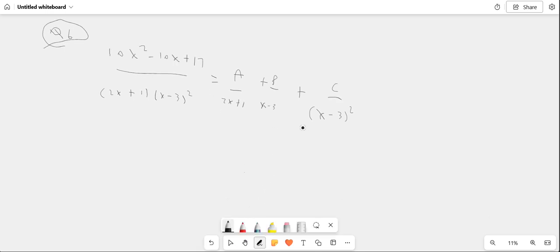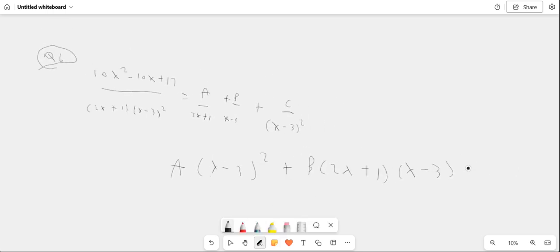So a(x minus 3) squared, that's what it's missing. Plus b. What's b missing? He's missing 2x plus 1 and another x minus 3, because he just has x minus 3. And then c is just missing the 2x plus 1, so plus c(2x plus 1), because the squared counts for everything else.